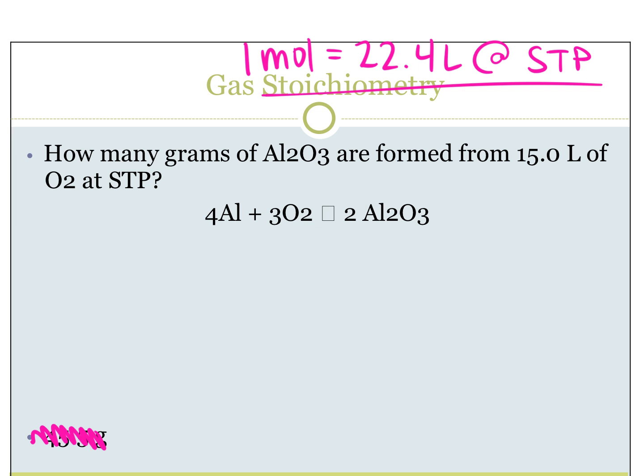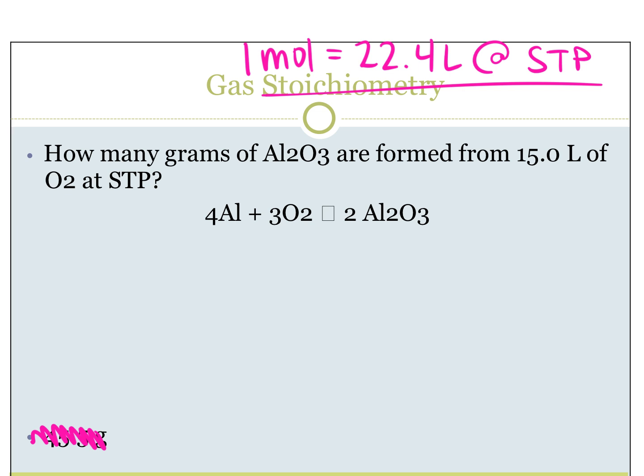Now, does this conversion factor depend on what compound we're working with, or is it true for all compounds? I'm going to need some of you other people to give me some feedback here, because I'm only really seeing two, maybe three of you engaged. So let's get involved, okay?